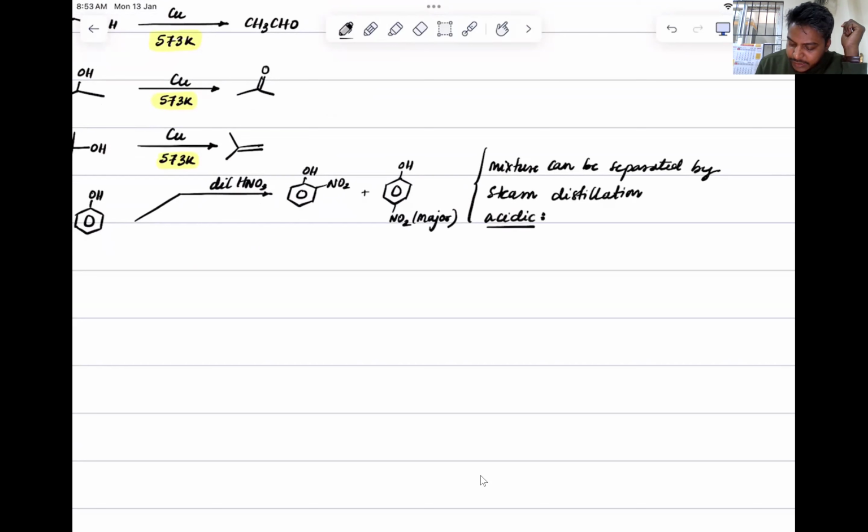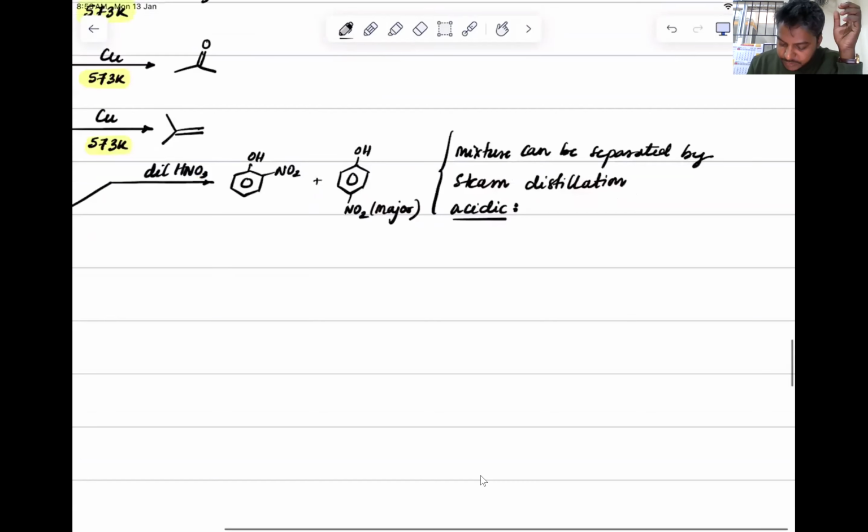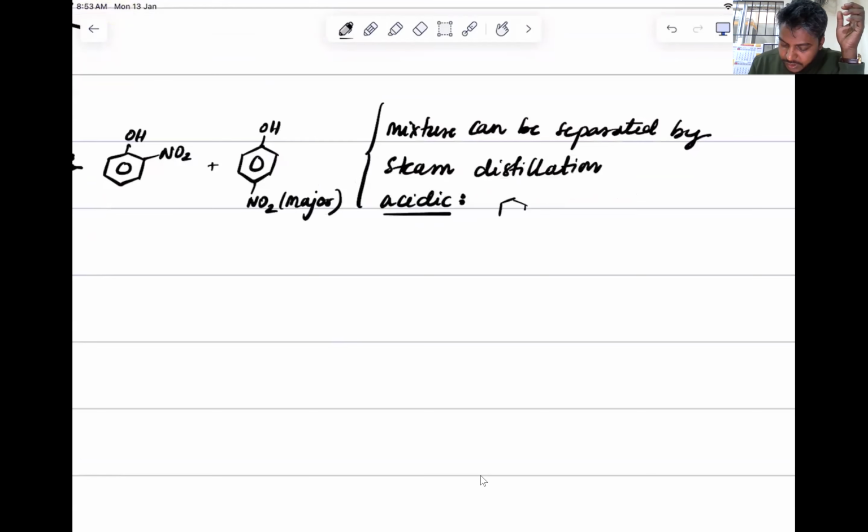And acidic character here has been very proper. I mean, a lot of time the acidic character of these compounds has been stressed. So for that case, remember, in case you have OH with NO2, para is more acidic than ortho, then meta, and then phenol.